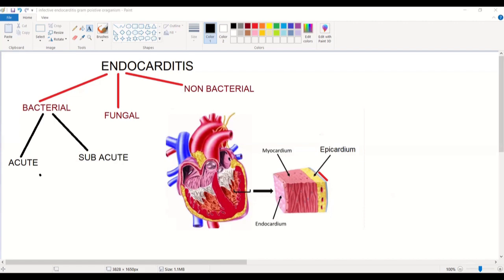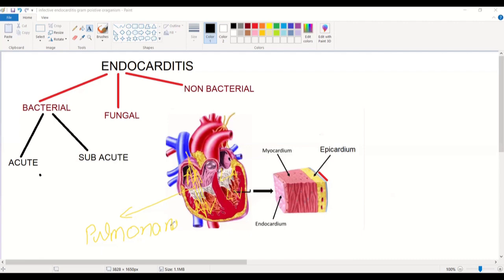So this is the right atrium, right ventricle, left atrium, and left ventricle. Right-sided emboli lead to pulmonary infarct or pulmonary emboli.